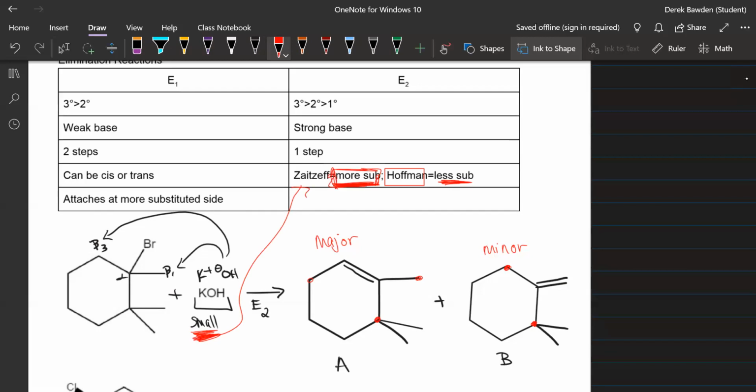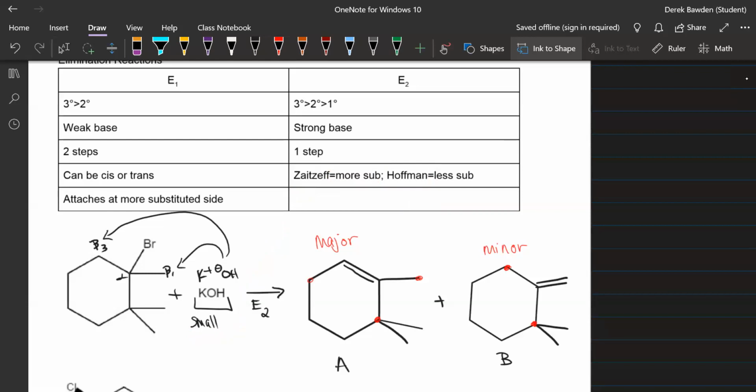Hoffman, if we had a bulky base, a Hoffman product is going to be your major, and Hoffman needs to go less subs because he needs to slim down a little bit, lose some weight. I'll give you some more examples of those, but that's just a little memory trick.